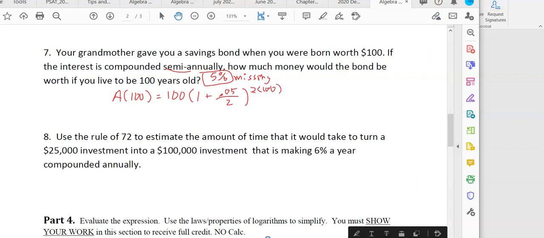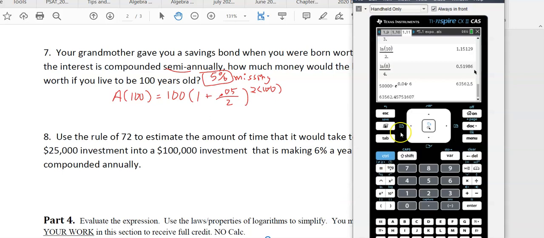So if you earn 5% for that long, maybe you have a 100-year CD, that'd be kind of crazy. 100 times 1 plus 0.05 divided by 2 to the power of 2 times 100.